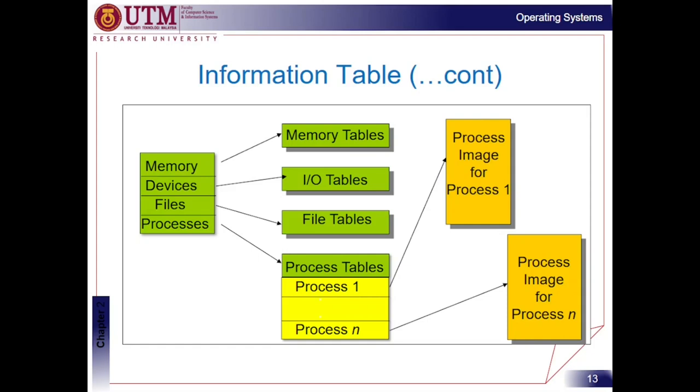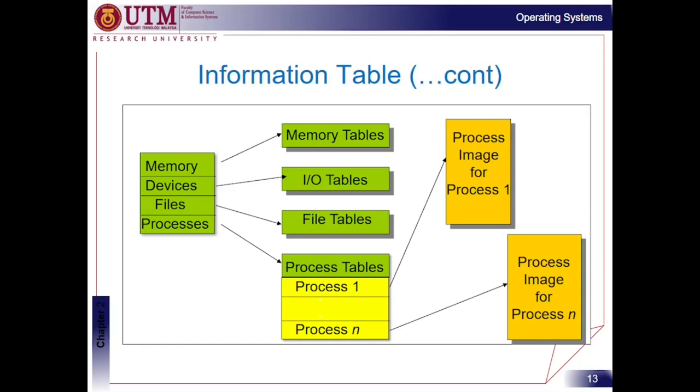Process tables store the information about the processes that are currently running or ready to run on the system. They store information such as the process ID, process state, program counter, register, priority, and CPU time for each process.